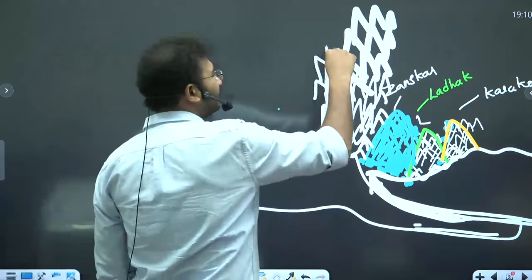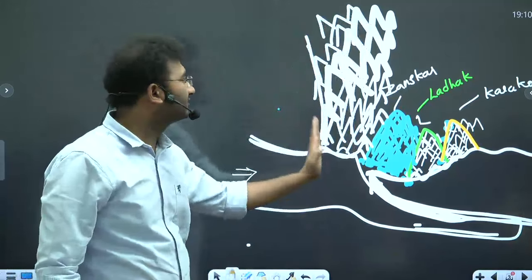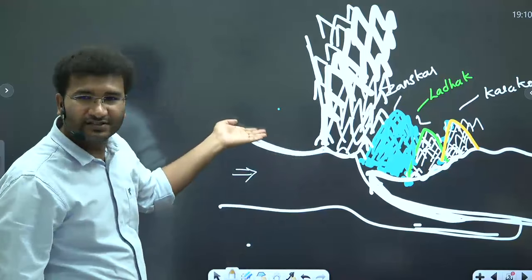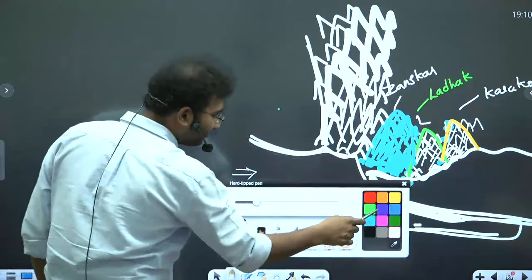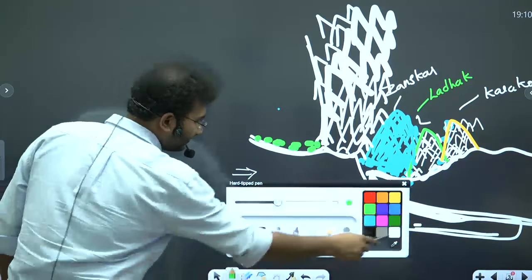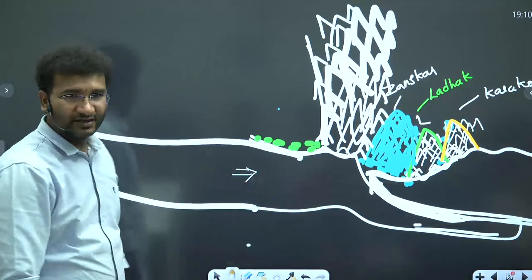Not a syntaxial bend. In fact, your Himalayas which are there are tilted towards the south. And these foredeeps slowly started getting sediments. Imagine these are sediments that are there. I'll increase the size of the Indian plate. The sediments that are there.